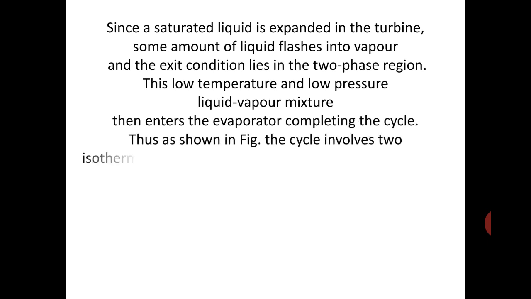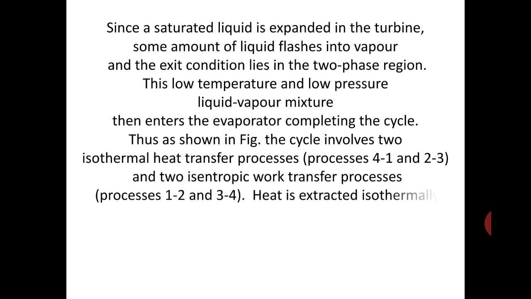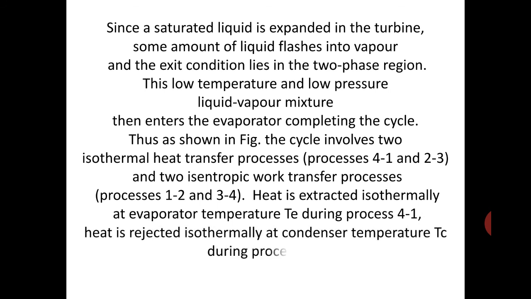Thus, as shown in the figure, the cycle involves two isothermal heat transfer processes, process 4 1 and 2 3, and two isentropic work transfer processes, process 1 2 and 3 4. Heat is extracted isothermally at evaporator temperature TE during process 4 1. Heat is rejected isothermally at condenser temperature TC during process 2 3.